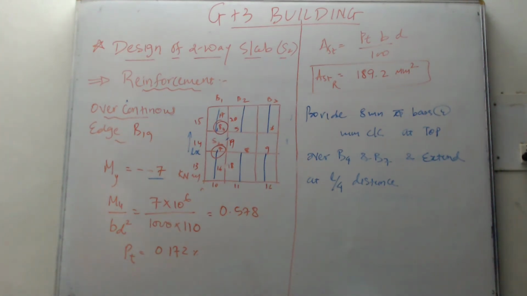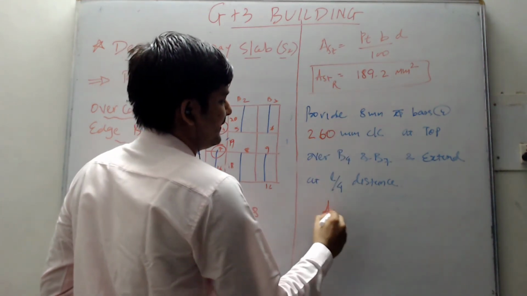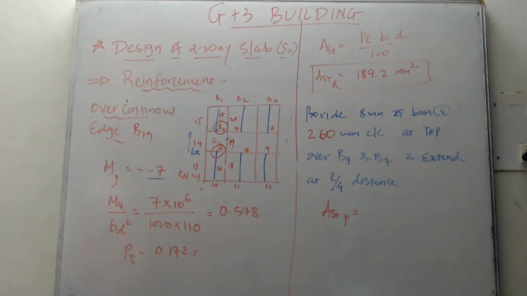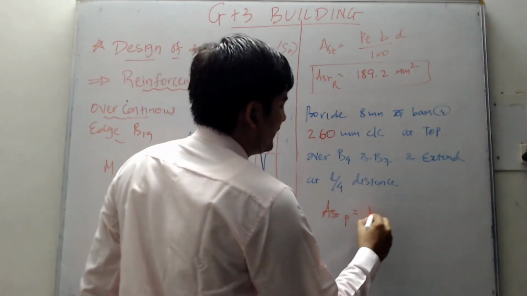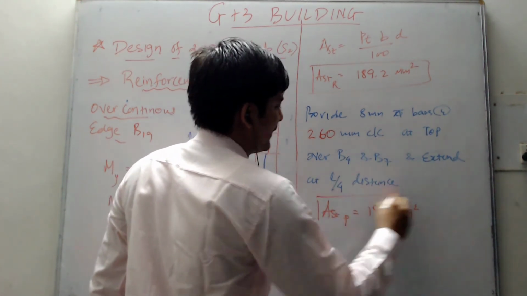I am getting 8 mm diameter bar at 260 mm center to center spacing, and for this Ast provided I am getting 193 mm square.